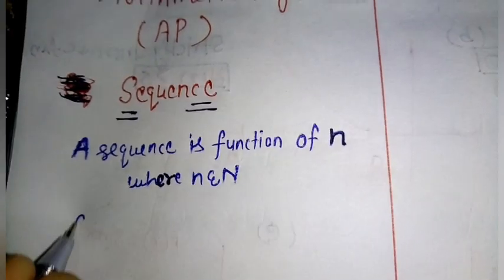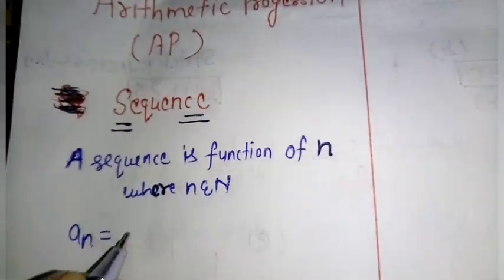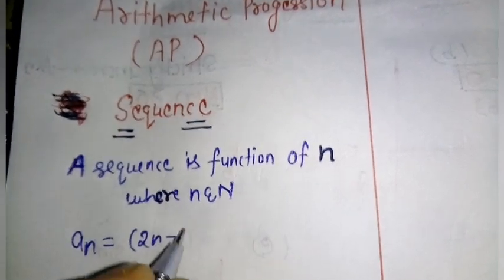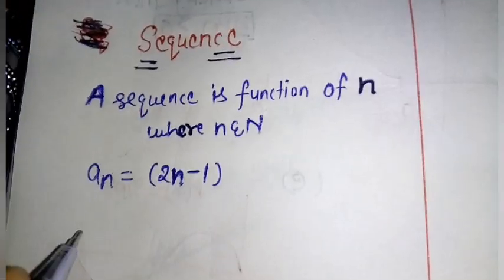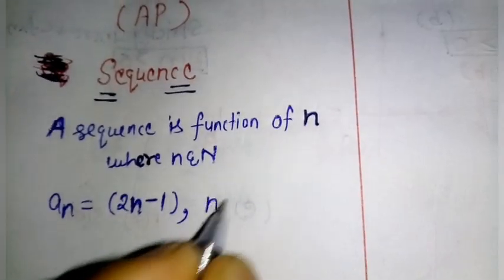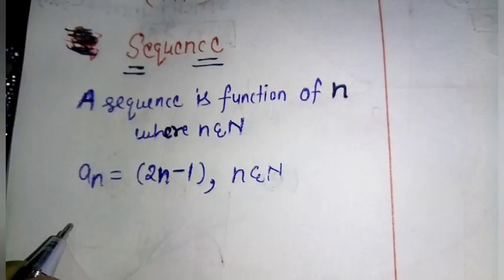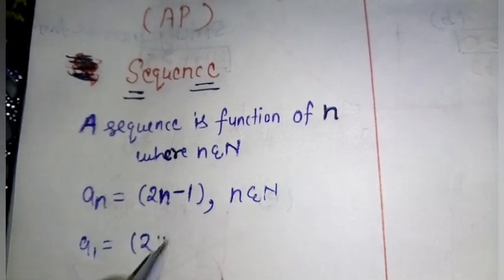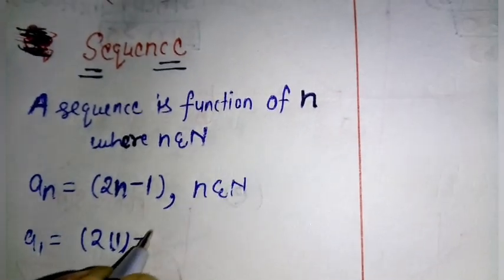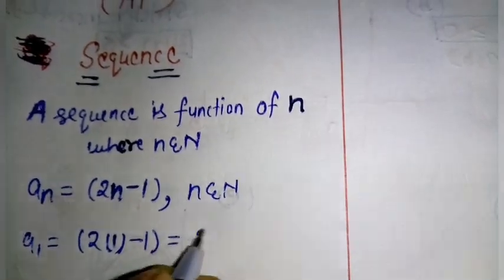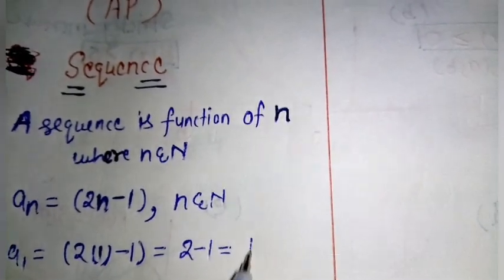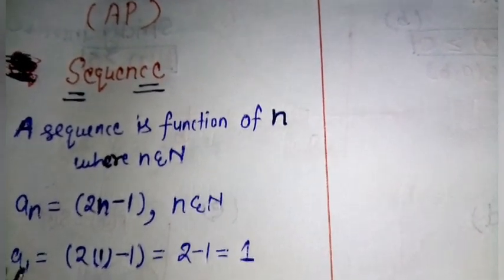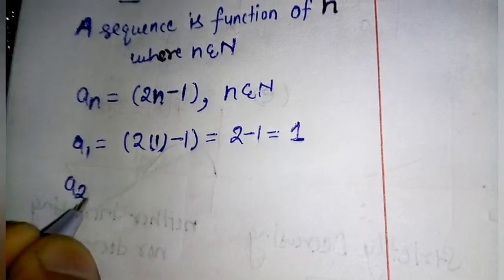For example, a_n is equal to 2n minus 1. Now n belongs to natural number. So first a1, 2 into 1 minus 1, which is equal to 2 minus 1 is equal to 1. Now n equal to 2.